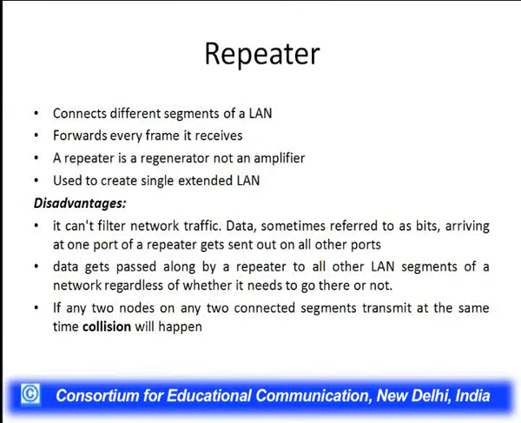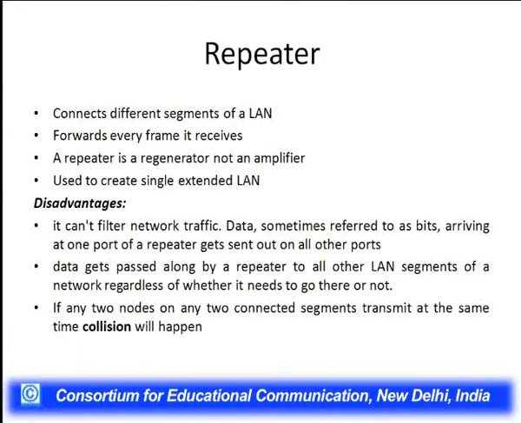Basically a repeater is not an intelligent device. It will only do the process of forwarding the packets which come from different segments of the LAN. It forwards every frame as it receives it. It is a regenerator, not an amplifier. It is used to create the single extended LAN.